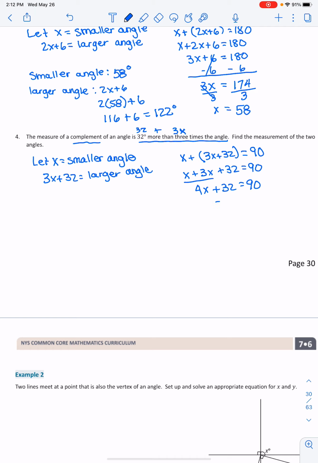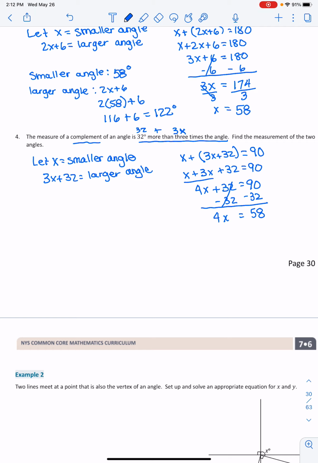We're going to subtract 32 from both sides. So we have 4x equals 58. And I think I'm right that time. I know it's scary, but I think I am.